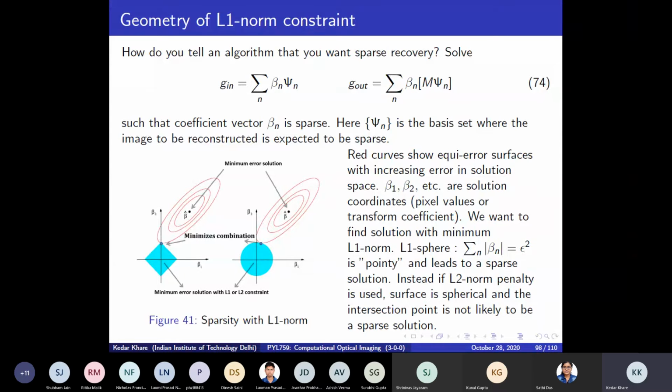This is a geometrical picture that has been put forward, and I have already put an article online today where this discussion is there a little more. You can go through it if you get interested. But this is just an idea to tell you that TV happened to be an L1 norm penalty, and that is why it led to a good penalty for the compressive sensing problem.